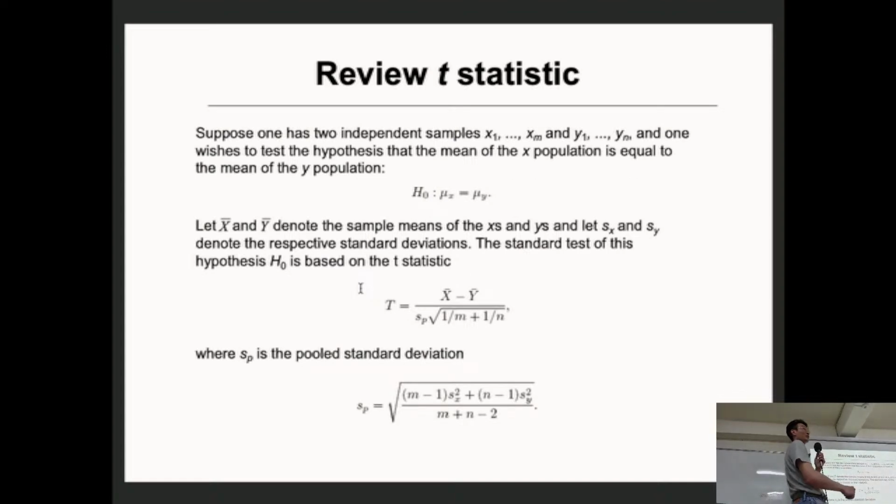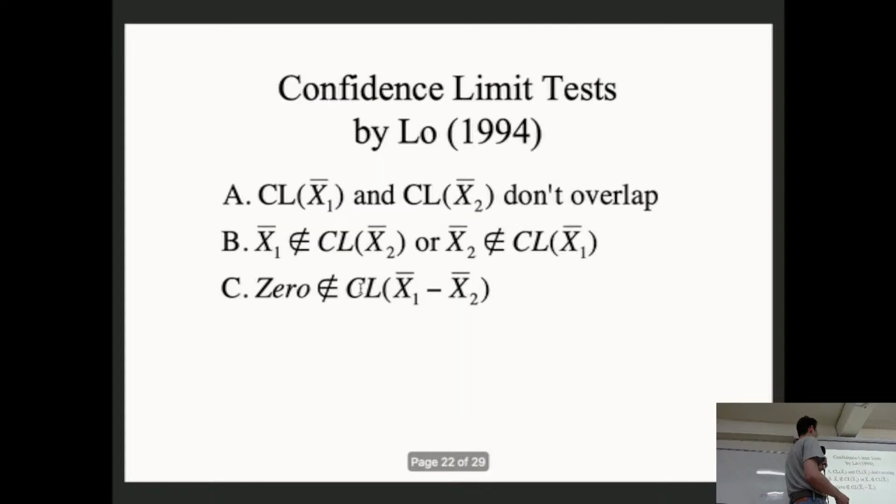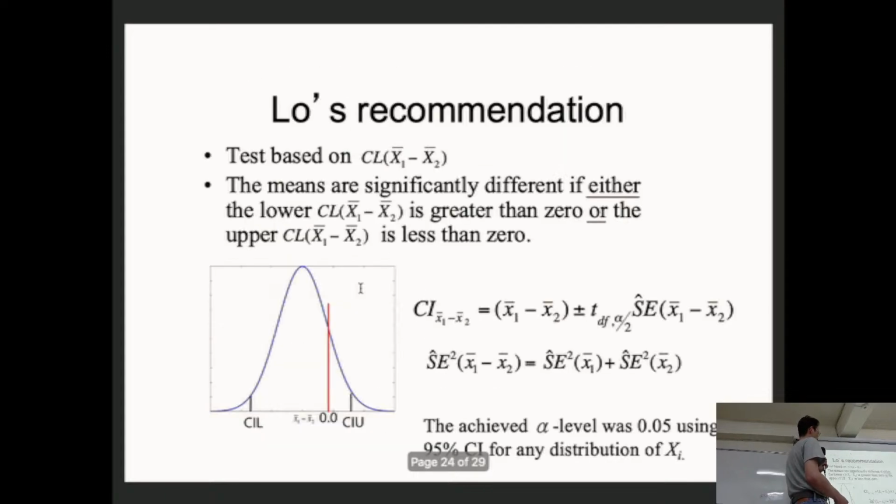Actually, you pool the standard deviation and use that as an approximation of your standard error of difference in mean, right? So that's the t-test. This is just a quick review of the t-test and how you do that.